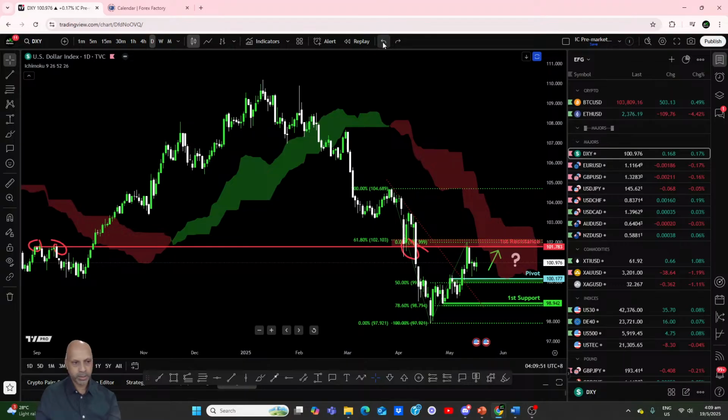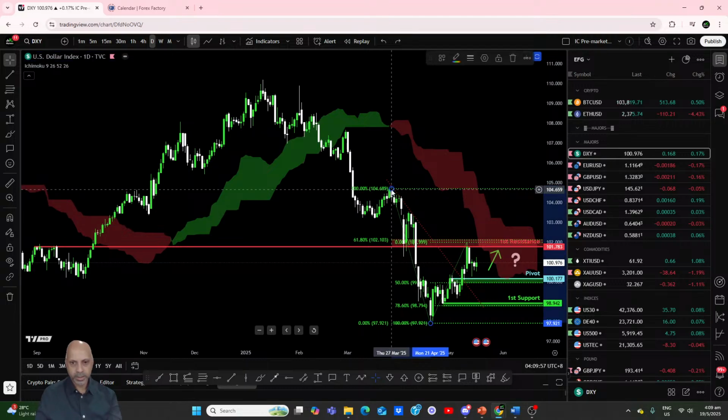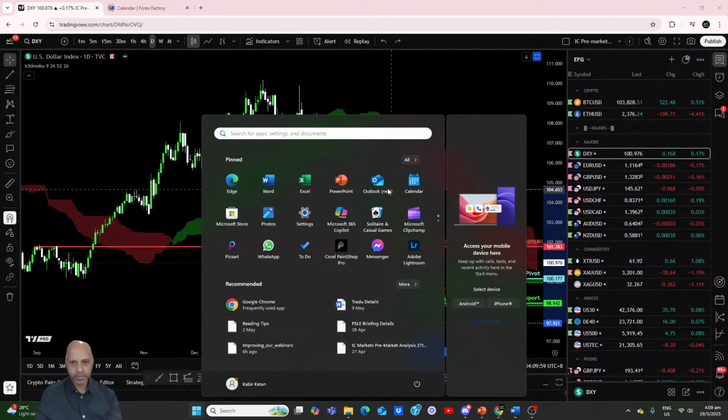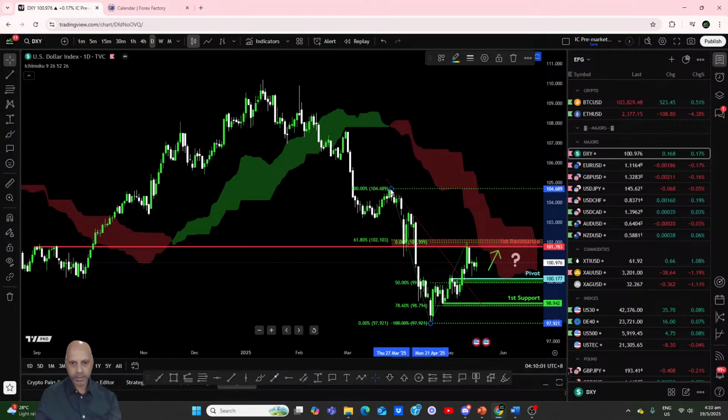Now, we've also run a Fibonacci retracement from this downtrend here. There's a downtrend that begins from the swing high on 26th of March, ending with the swing low on 21st of April.